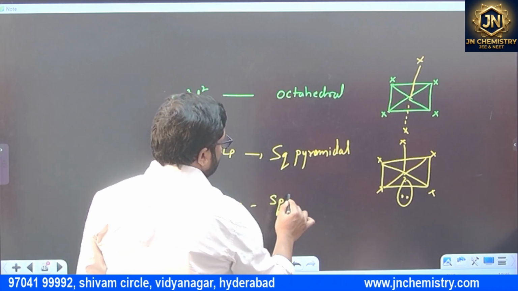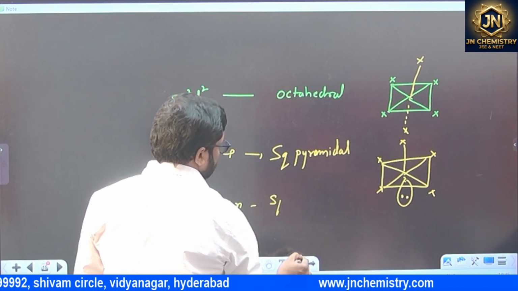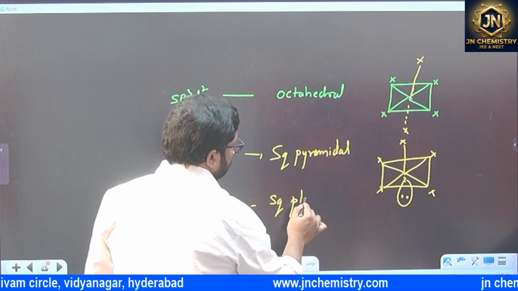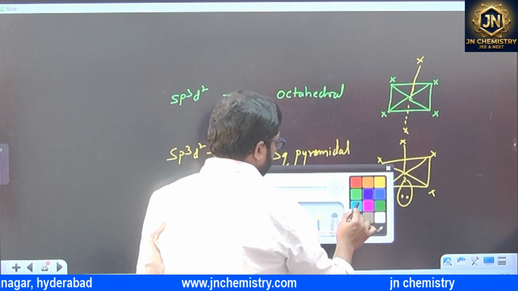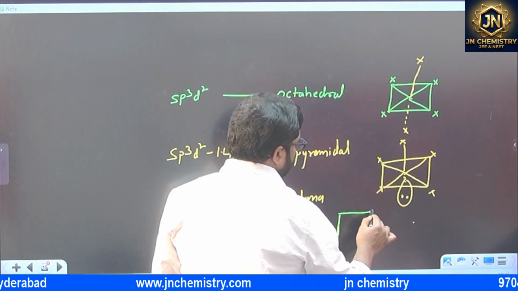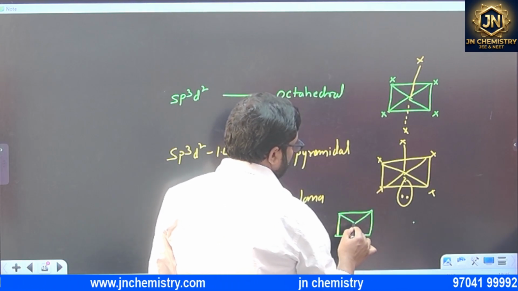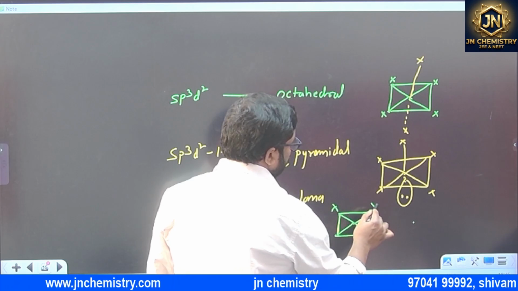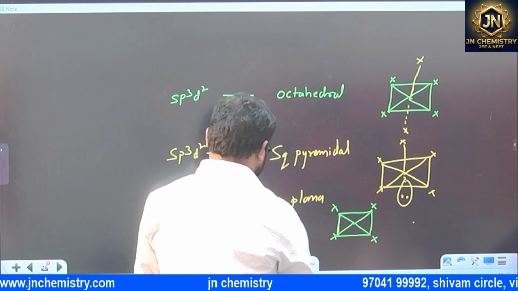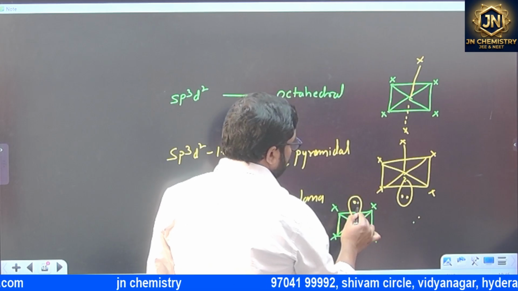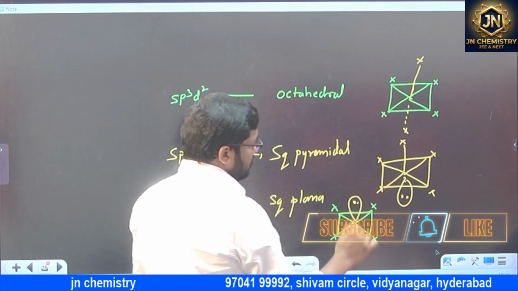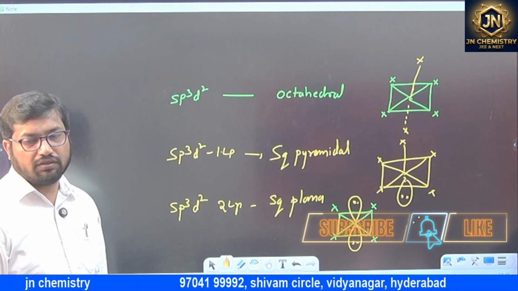Square planar. Square planar. All are in the same plane. So the two lone pairs, one is above and one is below. Square planar. Write it down.